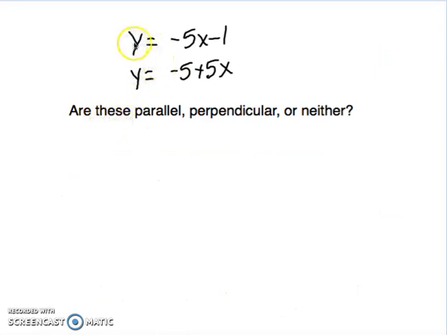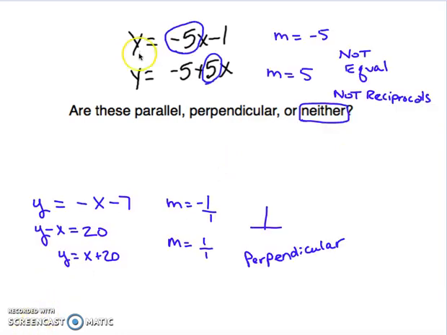Here's another example for you. Here's your equations. Are these parallel, perpendicular, or neither? See if you can see what your answer for those would be. So in this first set, you have a slope of -5 and a slope of 5. Those are not equal, and they are not reciprocals.